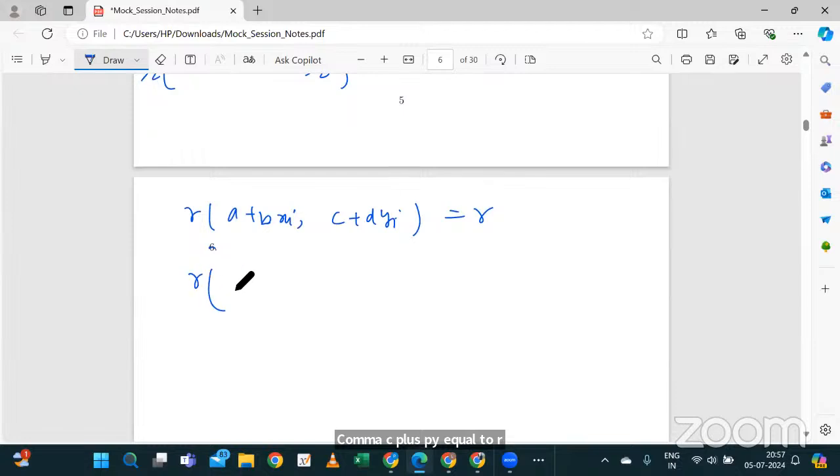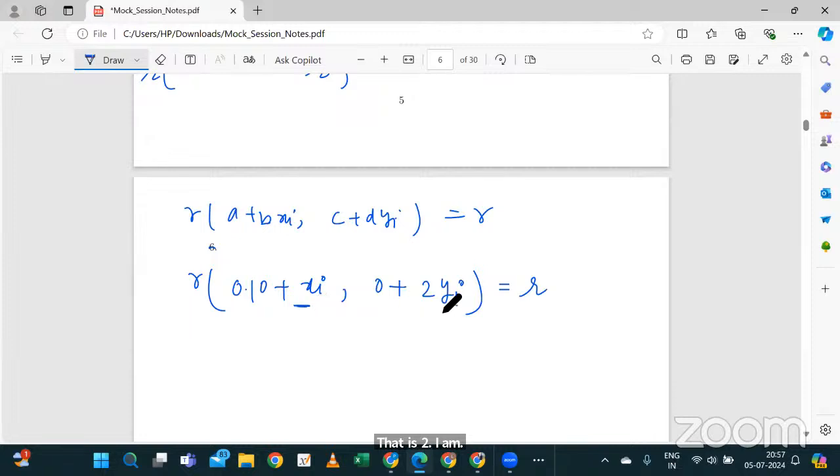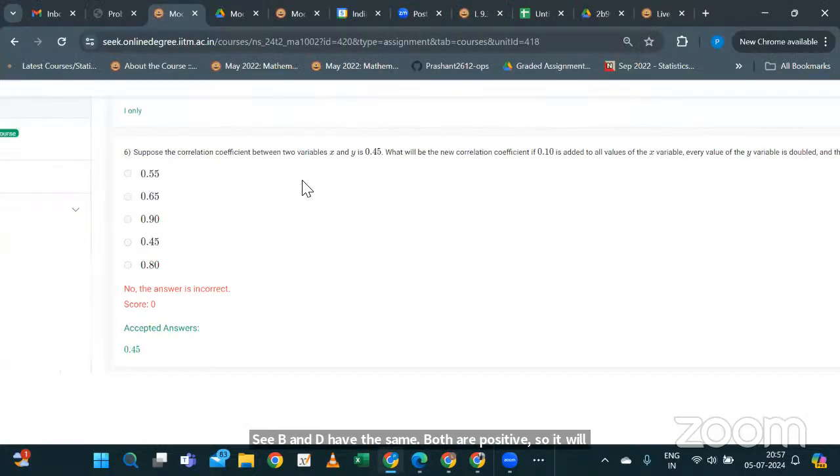And we know 0.10 is added to all the observations, then B will be 1, and C will be 0, because they are saying y has been doubled. That means 2yi. So by using this it should be R, because B and D have the same sign, both are positive, so it will be R, and R is 0.45, so 0.45 is the answer. Is this clear to all of you?